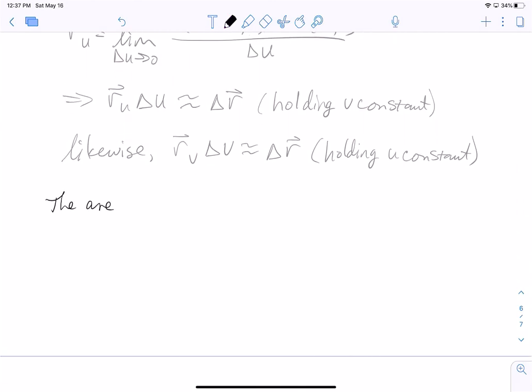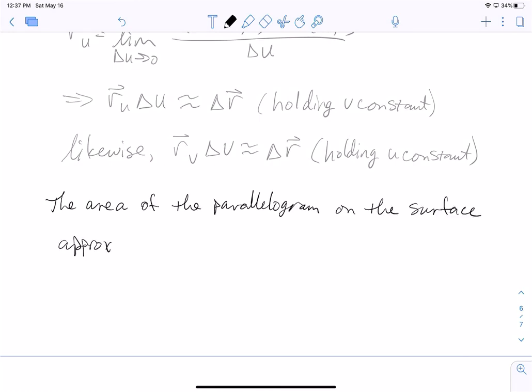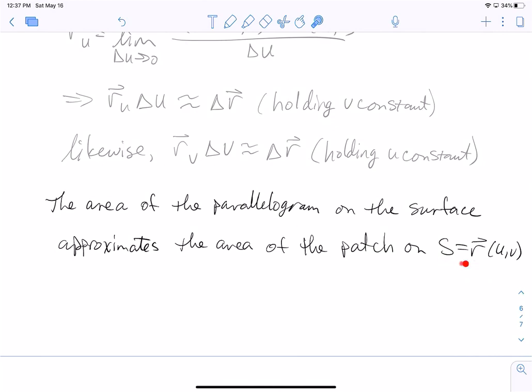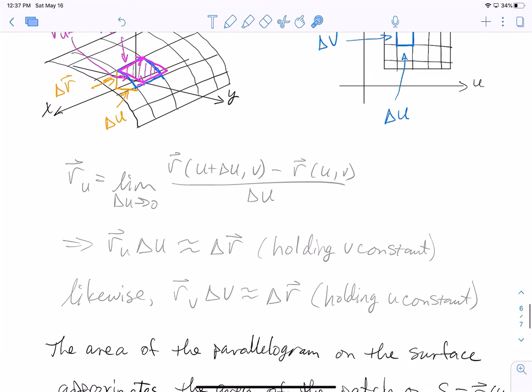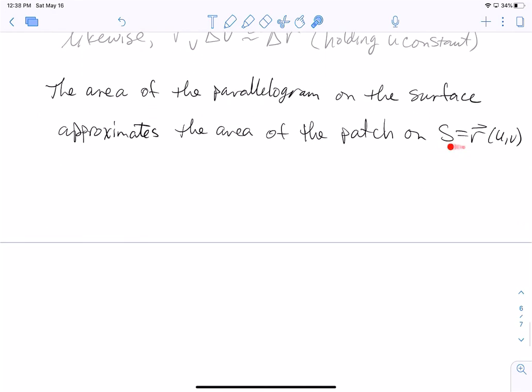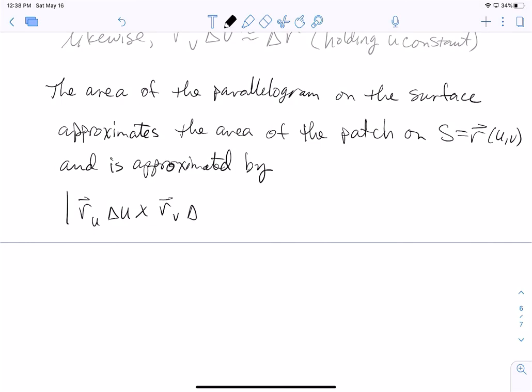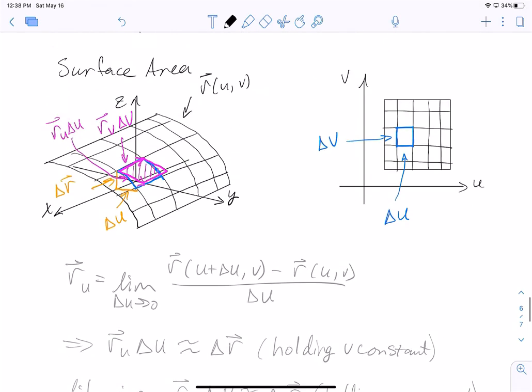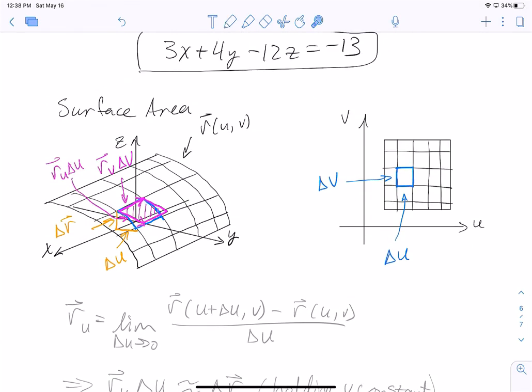The area of the parallelogram on the surface approximates the area of the patch on the surface, which is given by r(u,v), and the patch would be the blue portion here. The surface is given by uppercase S there, and is approximated by the magnitude of r_u delta u cross r_v delta v, those being the vectors forming the parallelogram.